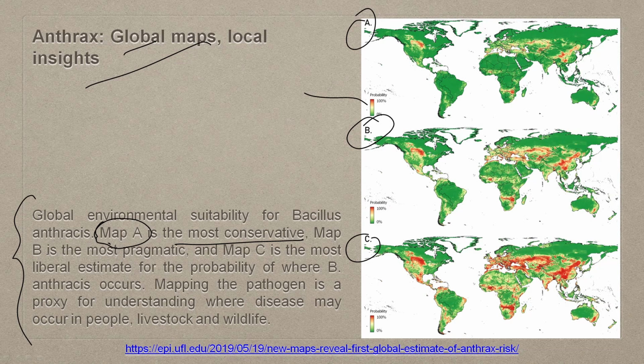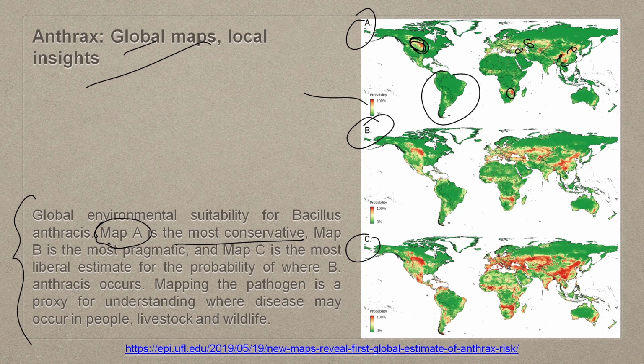If you look at this map, there are these red spots, somewhere in China, somewhere in southern Africa, this is completely free, and somewhere out here, which is kind of the border of the United States and Canada, and a few small pockets here and there. This is the most conservative map.